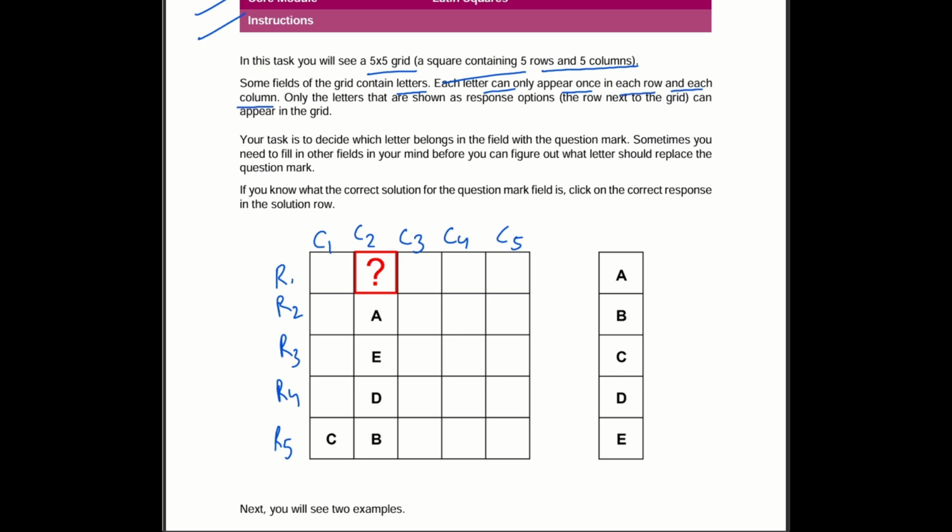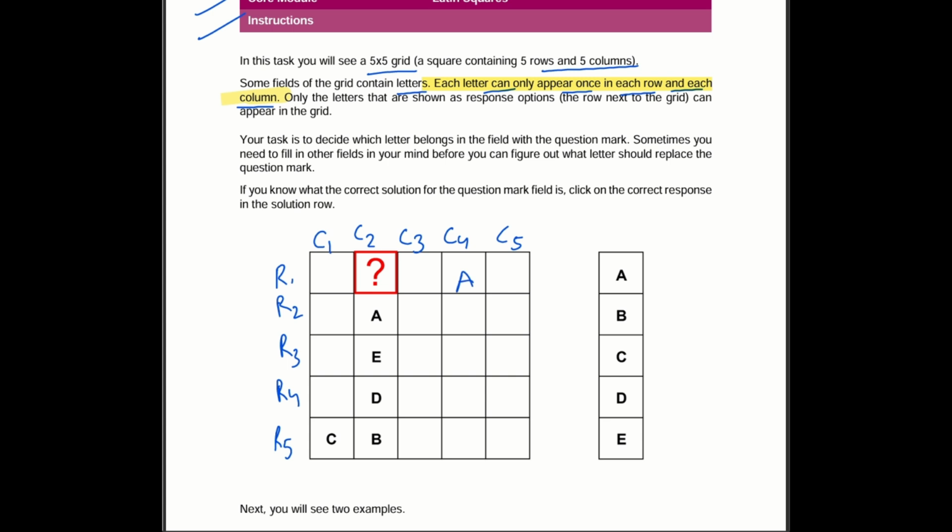This is the most important point here. One letter can appear once in each row and each column. So whenever you are going to solve any column or any row, there won't be any chance that one letter will appear 2 or 3 times. It will appear only one time.